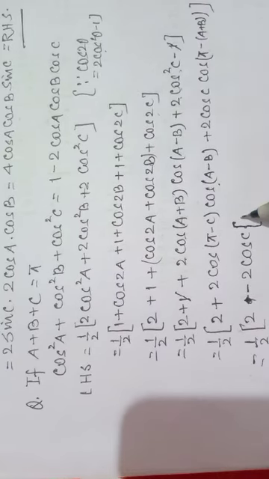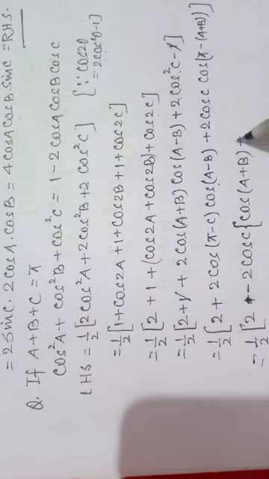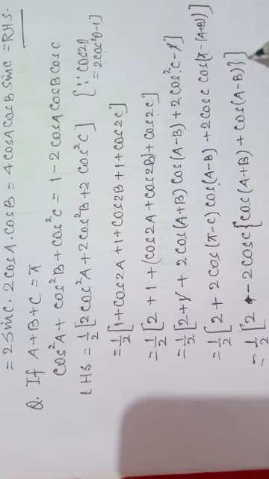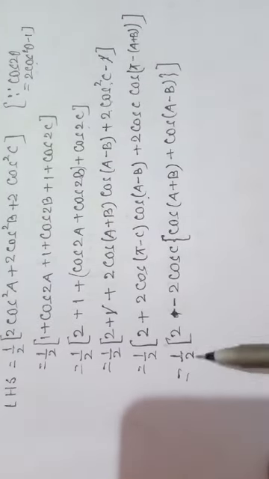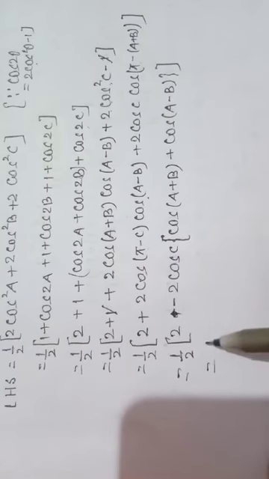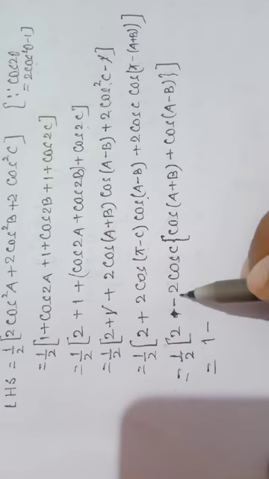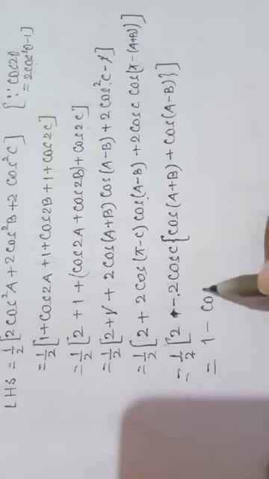So write this: cos (a plus b) first, then plus cos (a minus b). Open this bracket. This is 1. This again multiplied with 2, and 1 by 2 is 1, cos c.